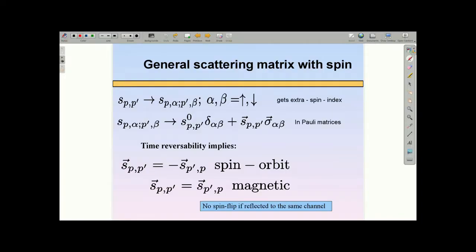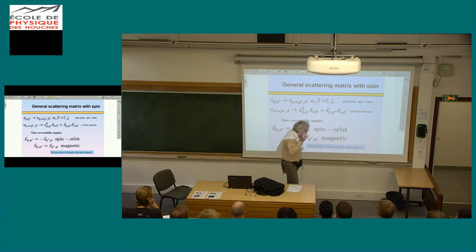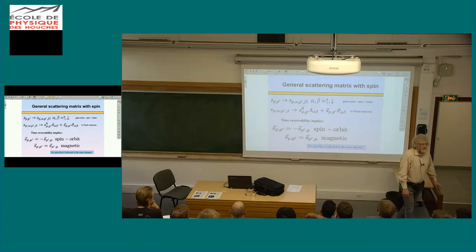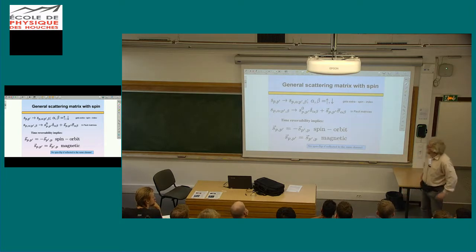Let us see. Let me go a little bit down. Let me talk about general situation. Let me understand what does spin change in scattering approach. Actually, at formal level, not much.